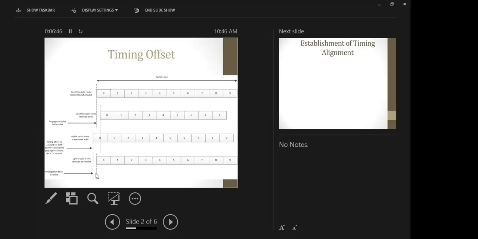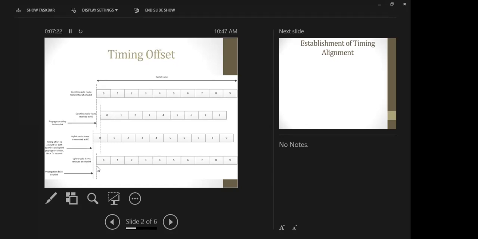Things keep deviating, but there is also continuous adjustment to remove the deviations. So if this is the way things work, then the E node B knows where the radio frames start in the uplink transmission.